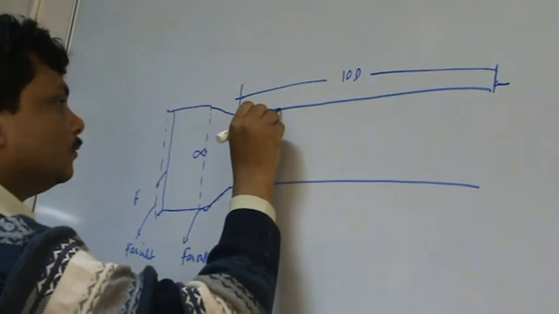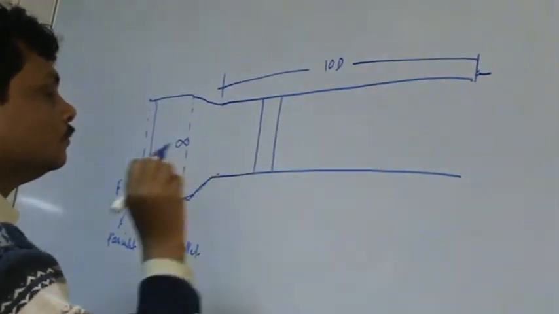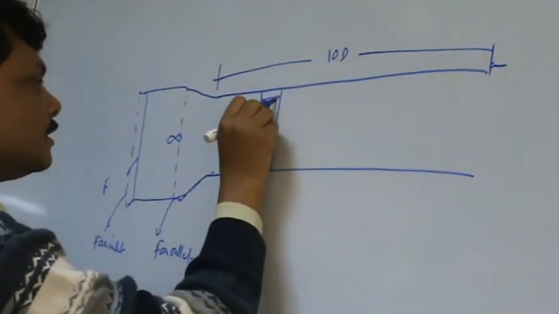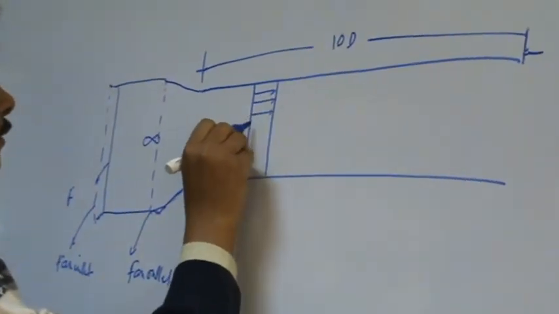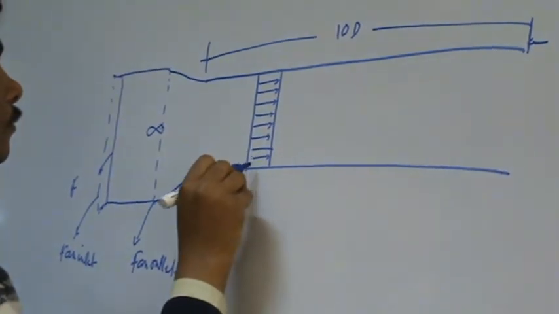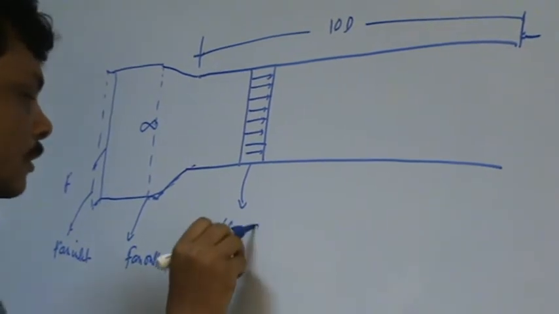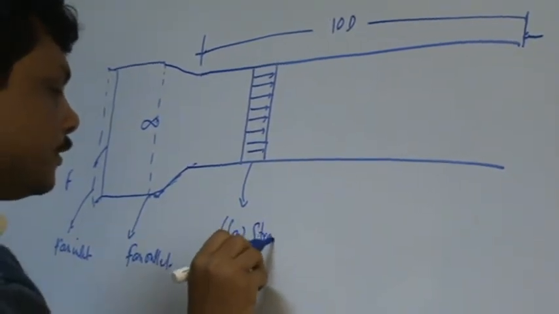Generally, we put a flow straightener for straightening the air flow.